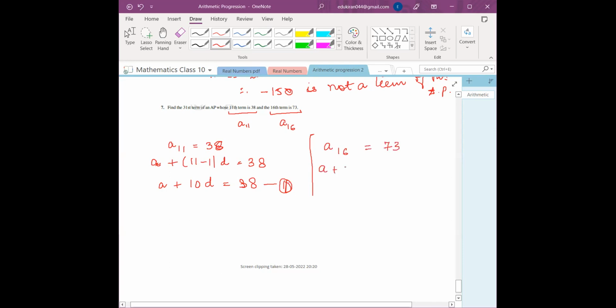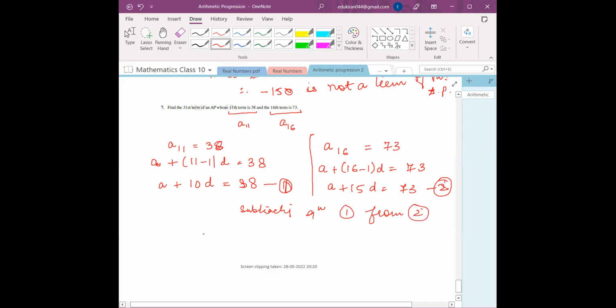So A plus 16 minus 1 into D, which is your 73. So this is A plus 15D is equal to 73. This is equation number 2, right? Now you do the elimination method, just subtract. So subtracting equation 1 from 2.